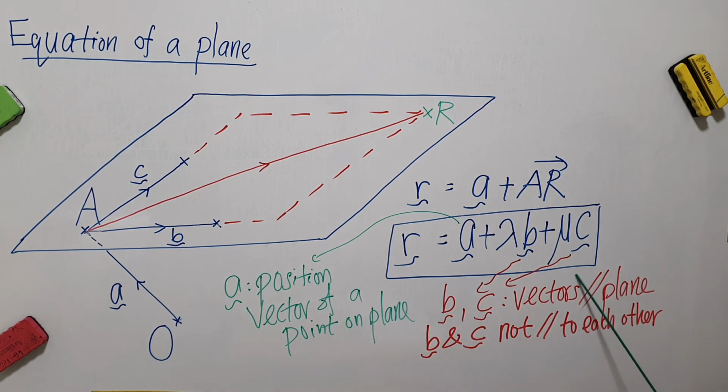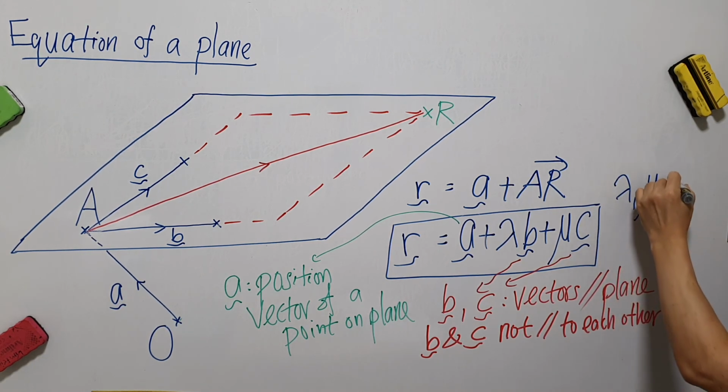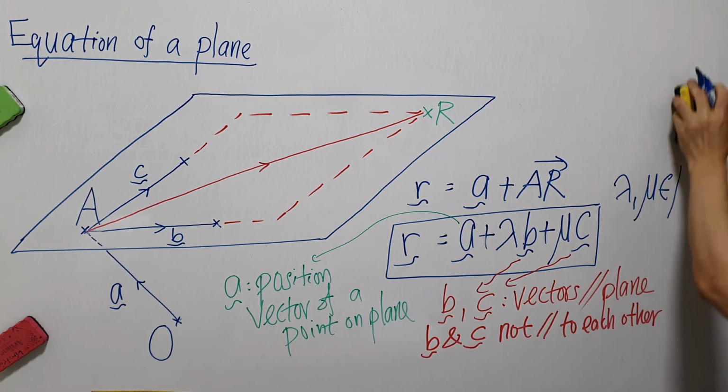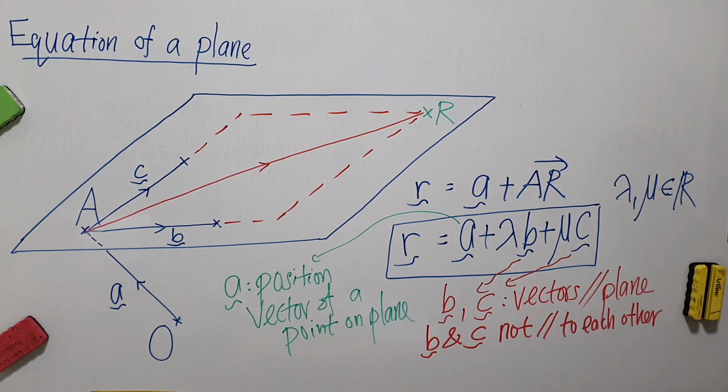And this is the equation of the plane, where lambda and mu are just numbers. Okay, we write properly. Alright, that gives us the first equation of a plane in vector form.